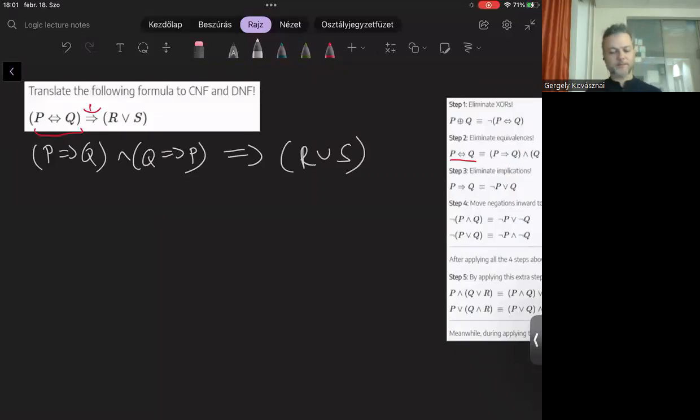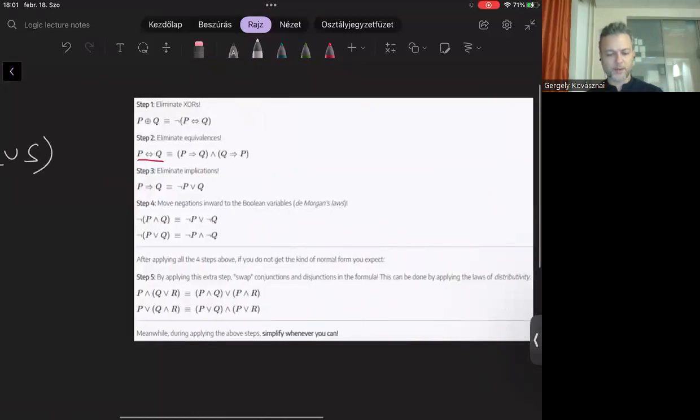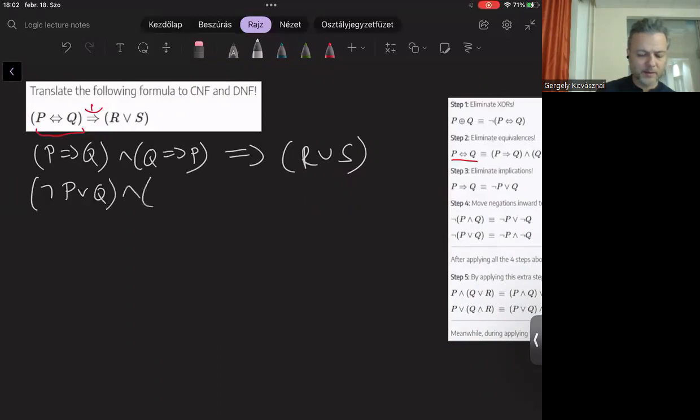on the right-hand side. Okay, so now let's apply the third step, which is about eliminating implications. This is something we already know how to do. We negate the left-hand side or the right-hand side. I apply this to the second implication as well.